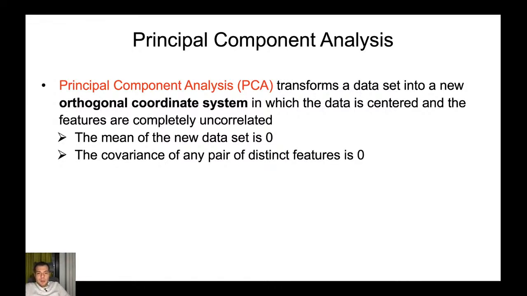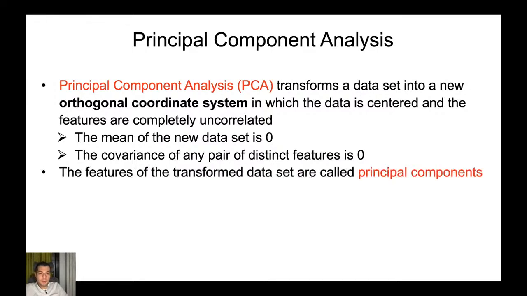The mean of this new dataset will be 0, and since the features are not correlated, the covariance of any pair of features is also 0. So in the new system, the covariance matrix is equal to the identity matrix. It has 1 on the main diagonal and 0 in the rest.